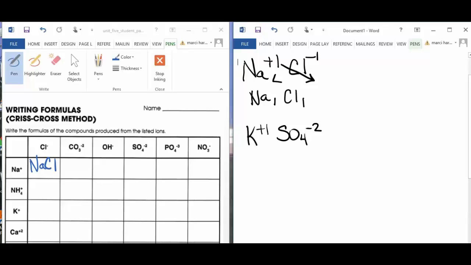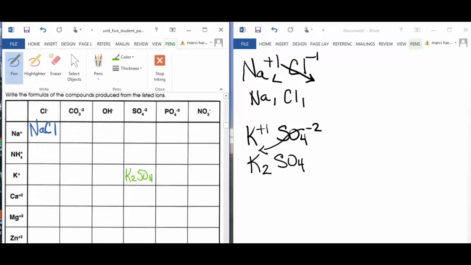This +1 charge is going to crisscross down and sit beside the 4 in sulfate, and the -2 with sulfate is going to crisscross down and sit beside the K. When you do that, you're going to get K2, remember the positives and negatives disappear at this point, SO4, and then a 1 is understood, so I'm not even going to write it at that point. So I'm going to come back over here and fill in.